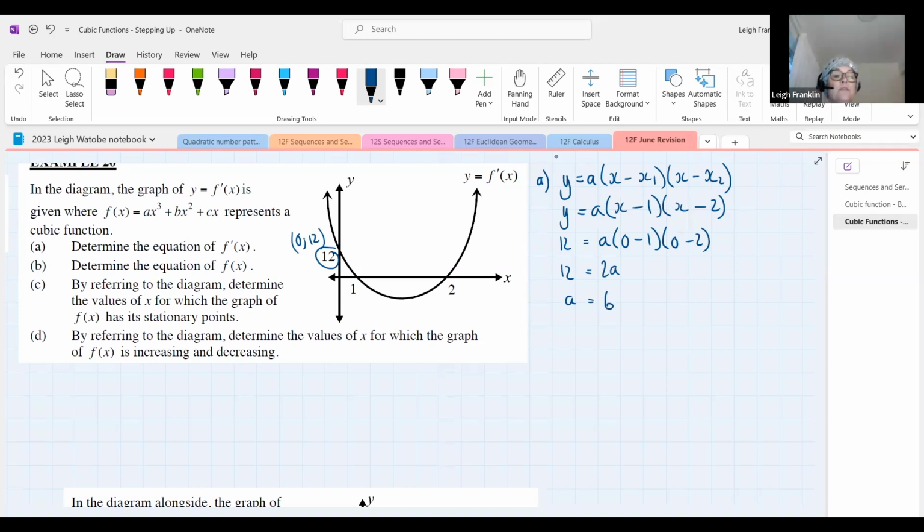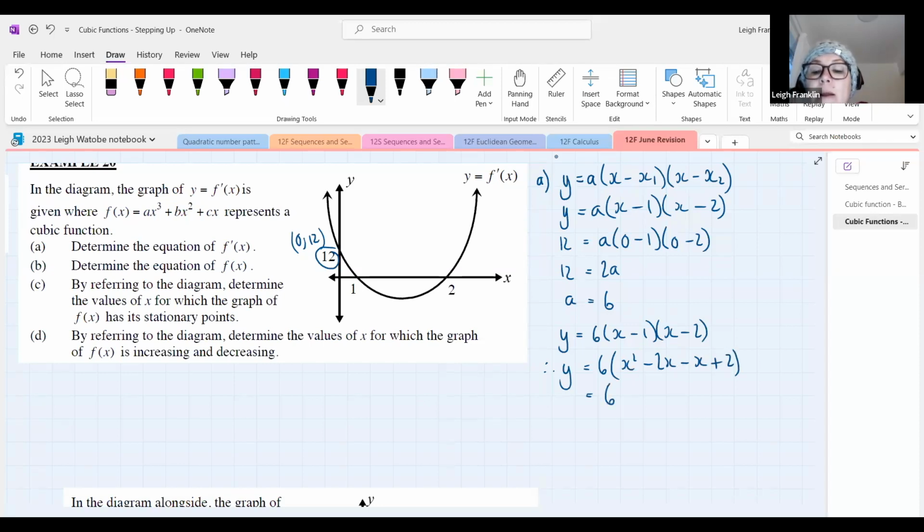So when they want us to find the equation of the parabola, we would now have to sub that in. So y equals 6 times x minus 1 times x minus 2. And we would need to multiply all of that out. We're going to do FOIL first. That would give us x squared minus 2x minus x plus 2.